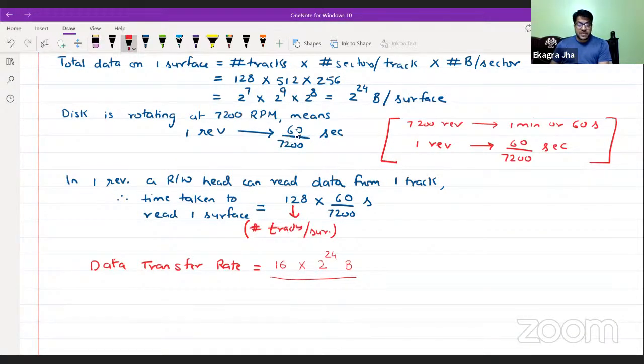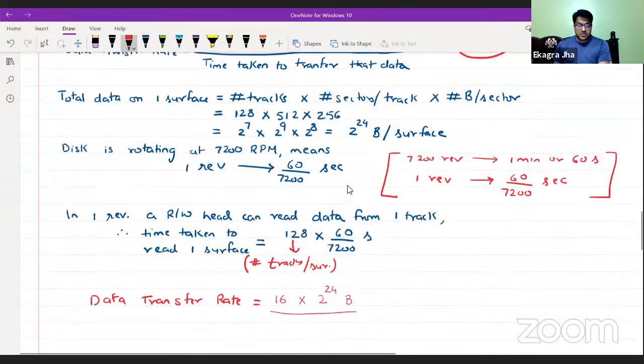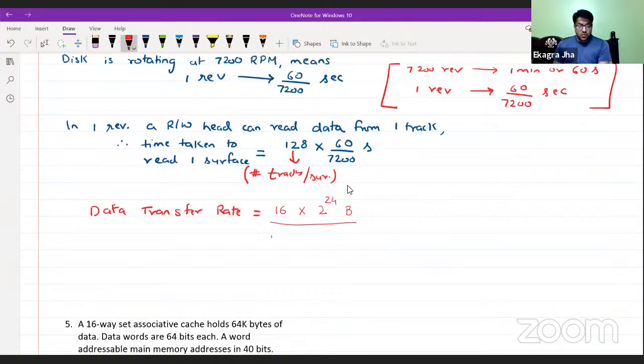So the total time taken to transfer the data on one surface is 128 multiplied by 60 divided by 7200 in seconds. So let me put this as 16 into 2 to the power 24 bytes into 7200, divided by 128 into 60.